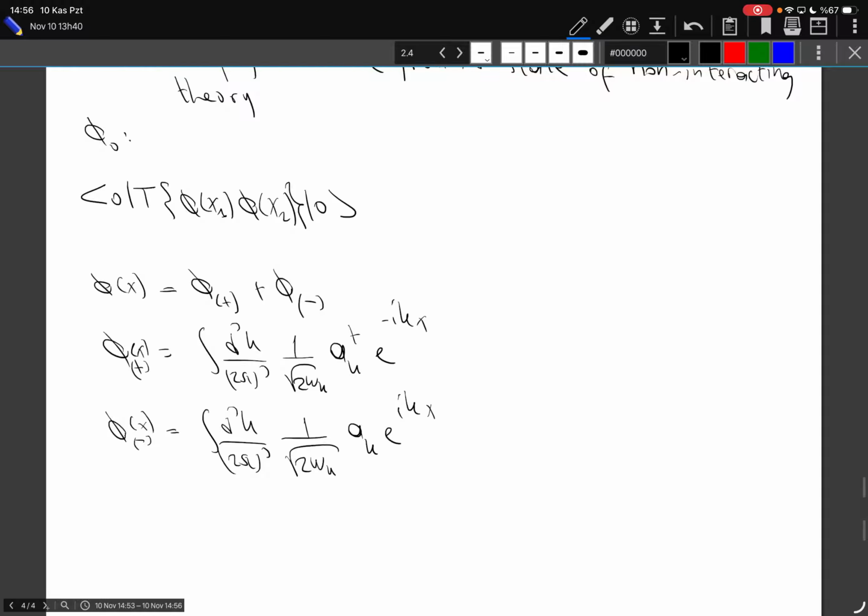Plus contains all the creation operators, minus contains all the annihilation operators. Now, why did I want to do that? Well, let me just write the time-ordered product in terms of these plus and minuses.